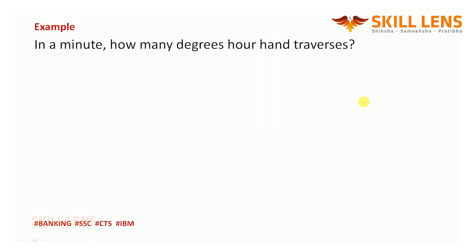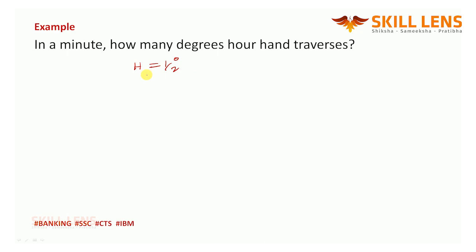So let's try to answer one more question. In a minute, how many degrees does the hour hand travel? In 1 minute, the hour hand travels half a degree. This is what we have seen in our first lecture.